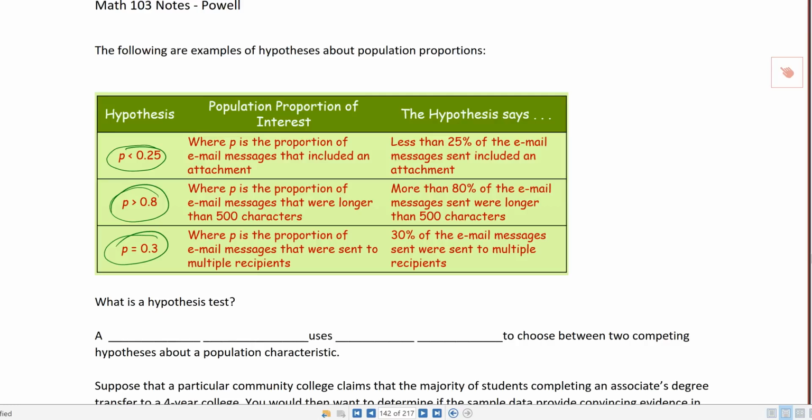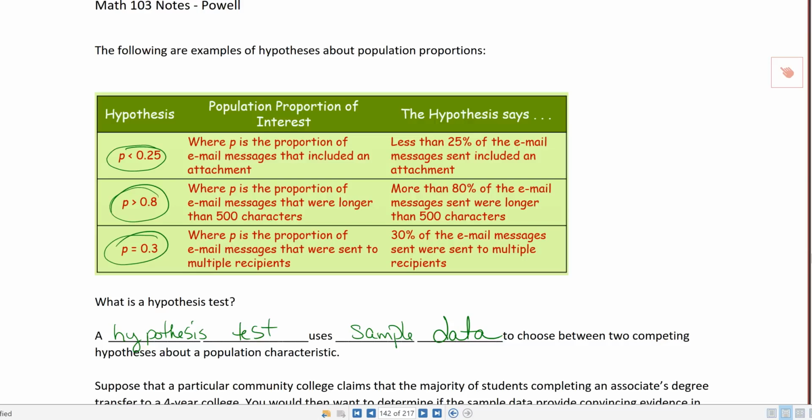Okay, so what is a hypothesis test? A hypothesis test uses sample data to choose between two competing hypotheses about a population characteristic.